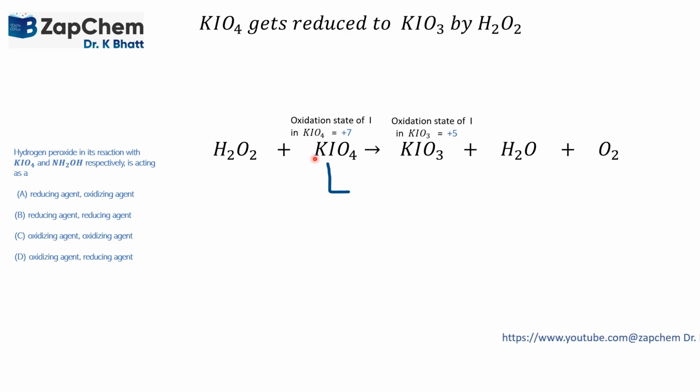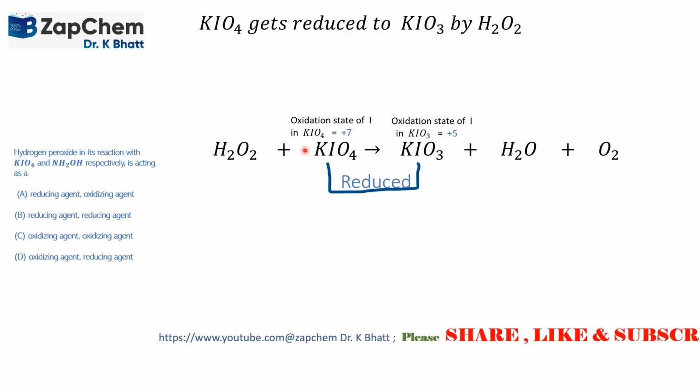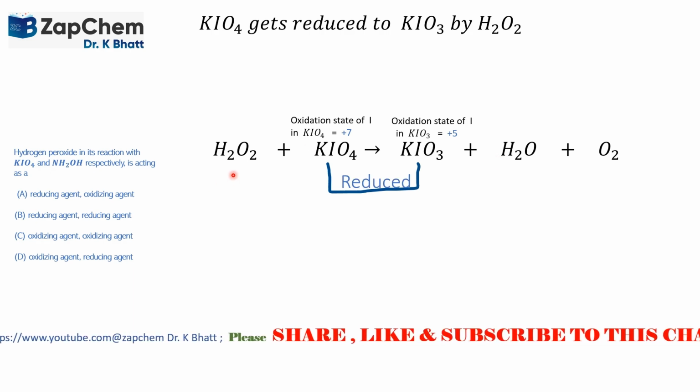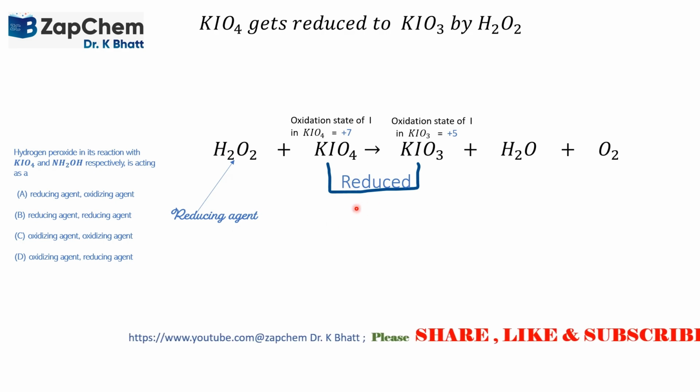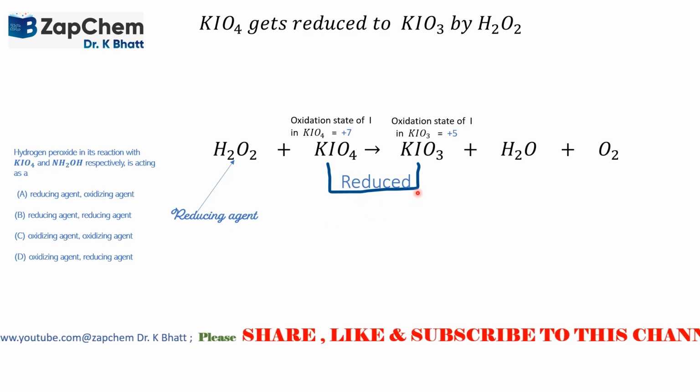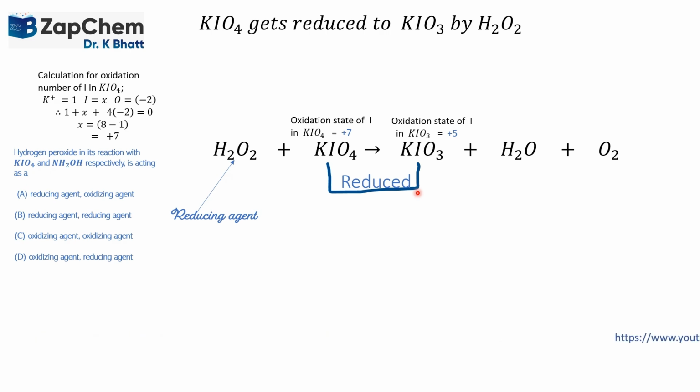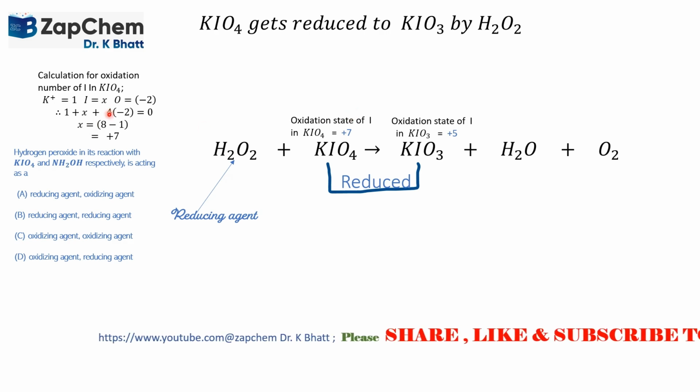That means there is a decrease in oxidation number. +7 is converted to +5 during the course of the reaction. So what has happened? Hydrogen peroxide has acted as a reducing agent, and potassium periodate is reduced to potassium iodate. The calculations of these oxidation states are given here.